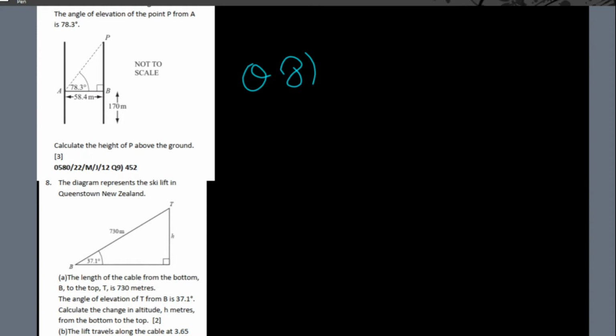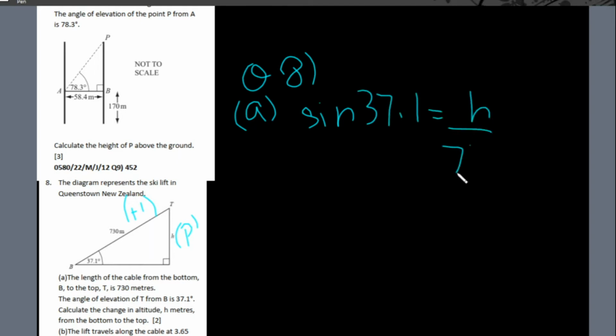Alright, so let's do part A for now. We just have to find h. So h is the perpendicular and 730 is the hypotenuse, so we'll be using sine theta. Sine 37.1 equals perpendicular over hypotenuse.